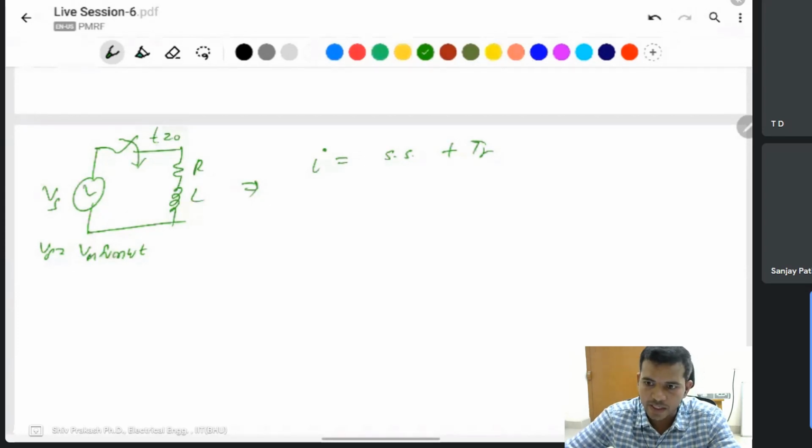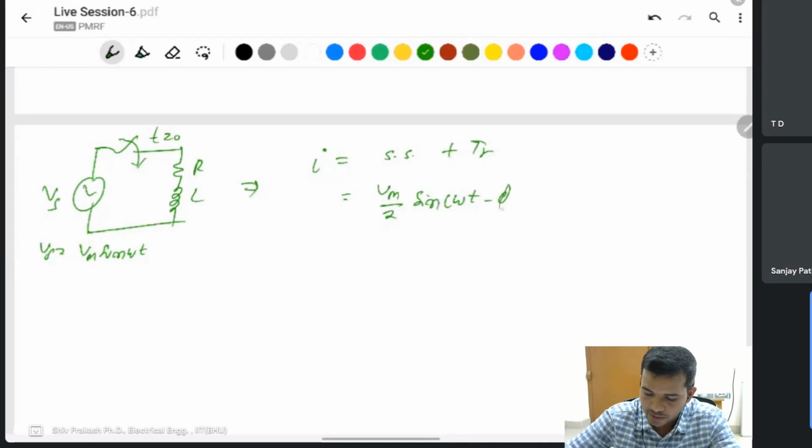Steady state is the same as the AC analysis. Like if you find the current in the RL circuit, it is the same: Vm by Z sin omega t minus the impedance angle phi, plus the transient k into e power minus t by tau.